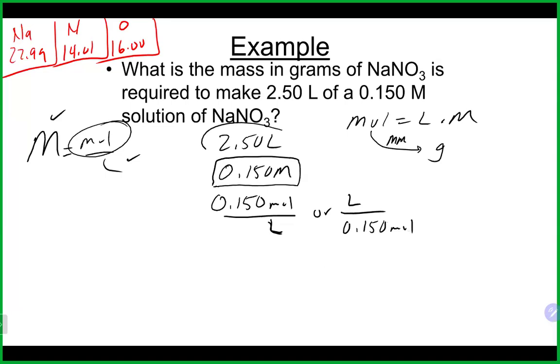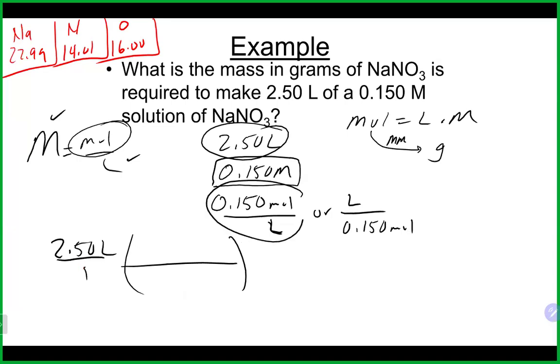And since I have my volume here of 2.5 liters, I know I want to get rid of that. Just dimensional analyzing it tells me that is the way I should go. And once again here, I really didn't have to worry about rearranging this equation, right? Because I could just do the dimensional analysis, get rid of the units I don't want, keep the units I do want.